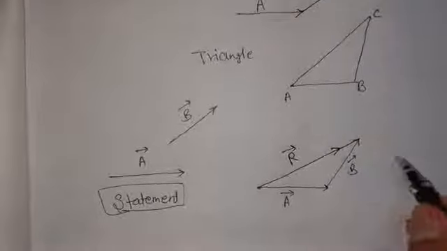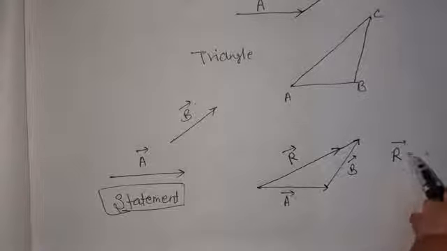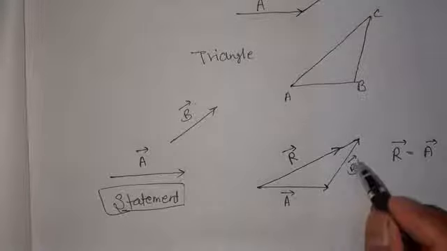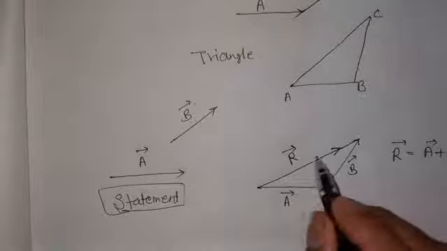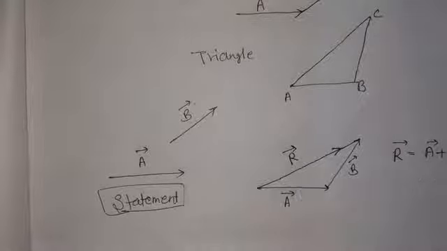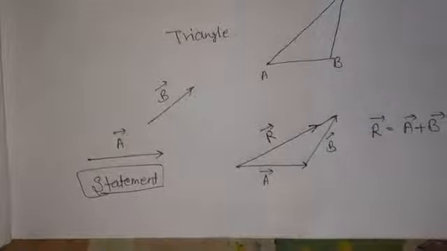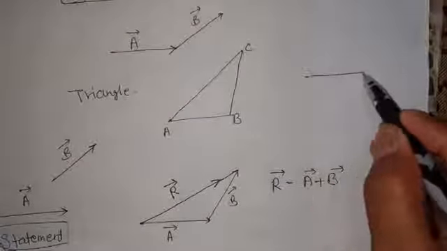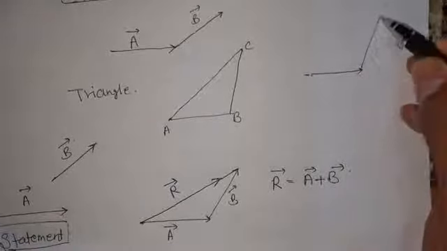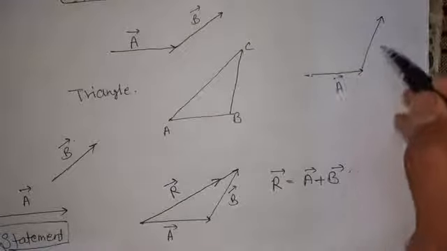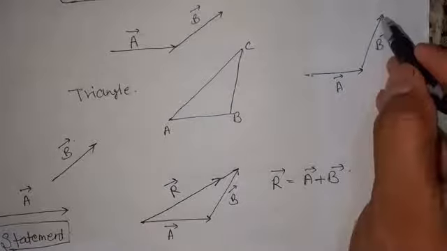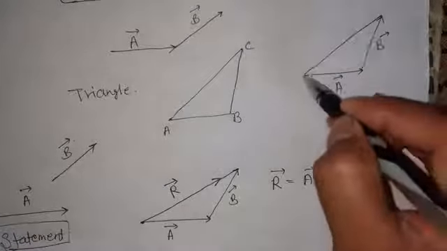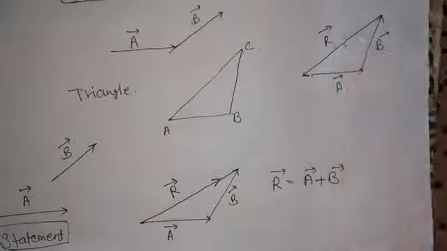So the resultant is the sum of those vectors which are in same order, and it is equal to the third side taken in opposite order. If I take vector A, then thereafter vector B, they are in same order. Now the third vector, let it be the R vector.